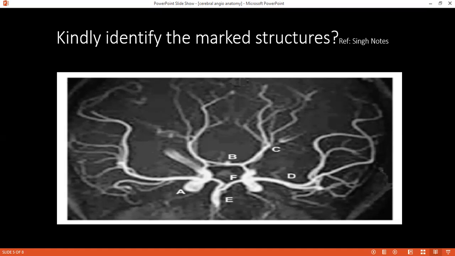Likewise, C will be vertebral artery, and B is basilar artery. C is anterior cerebral artery. Yes. B is anterior communicating artery. Yes.